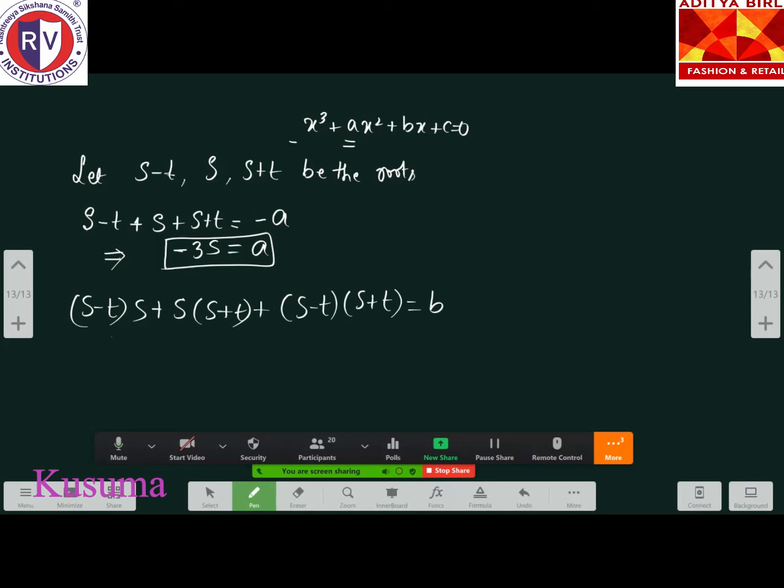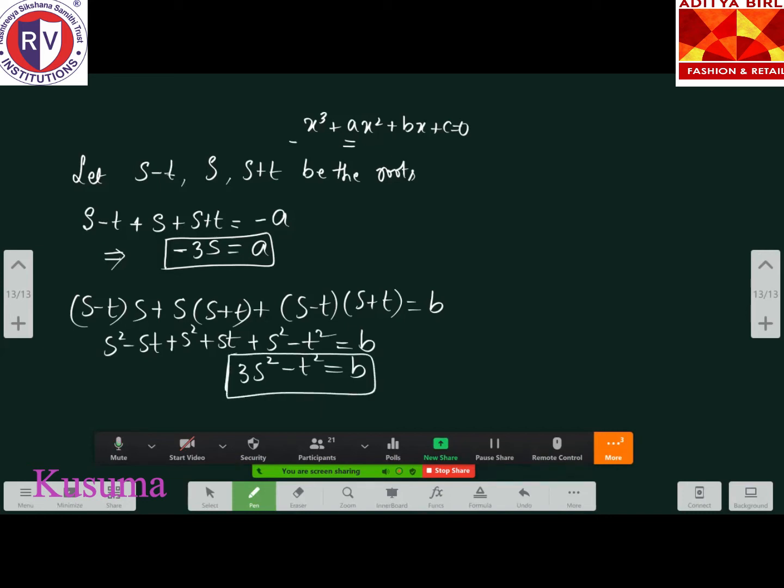This will be s square minus st plus s square plus st plus s square minus t square is equal to b. This last term is of the form s minus t into s plus t. So this will be 3s square minus t square is equal to b, right? So now we got the value of b.